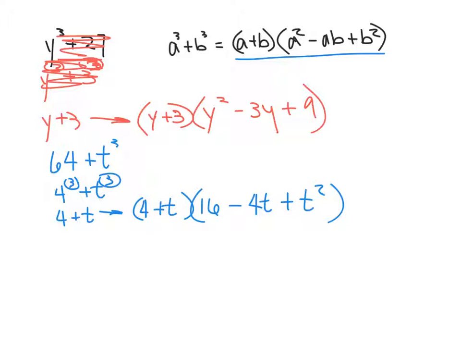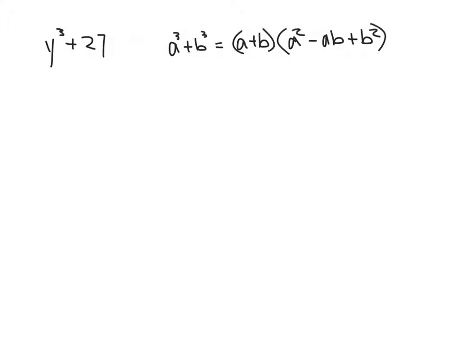Alright, let's keep doing some of these examples. They get a little bit trickier as we go, but I'll leave that formula up there. Let's do one like 27x cubed plus 125y cubed.